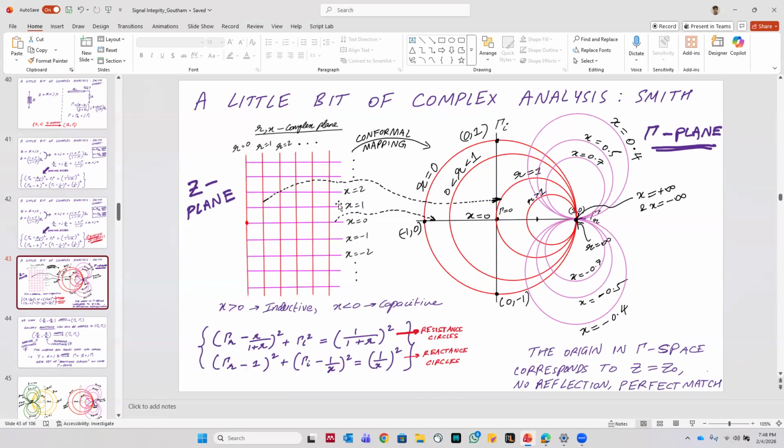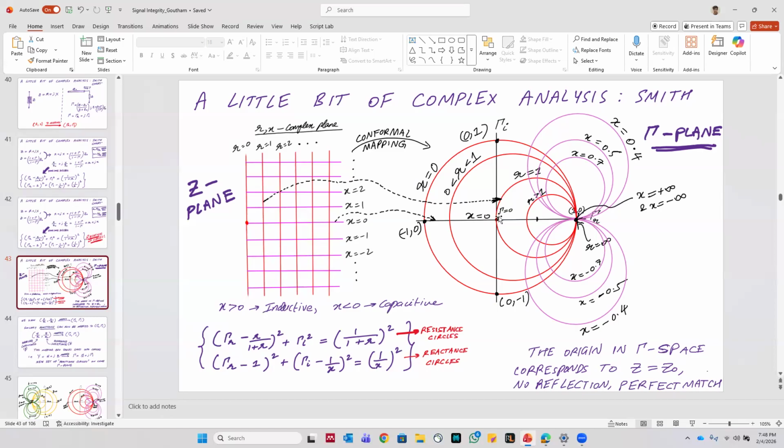Okay. So imagine I had a constant resistance, R equals 1. But let's say I want to change my reactance. So I have the same resistance, but I'm changing my reactance. Then what that means is, say R equals 1 and X is changing, I'm moving up and down on this R equals 1 line.